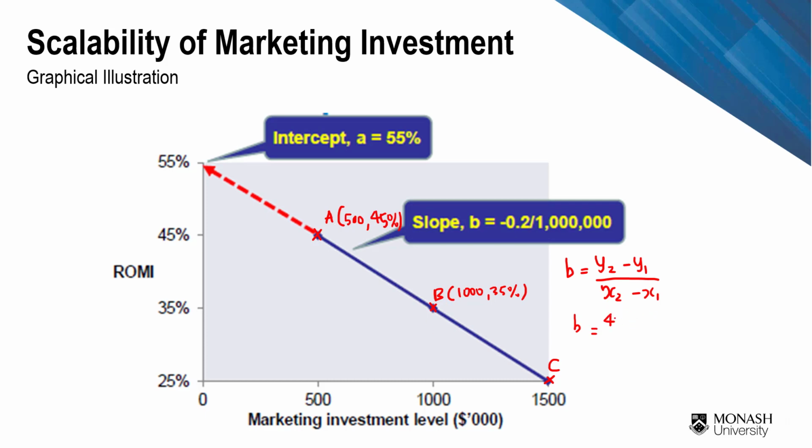But 45% minus 35% divided by 500k, right? It's 500k because this is actually in 1000, minus 1 million, and that is going to give you this answer, which is minus 0.2 divided by 1 million.